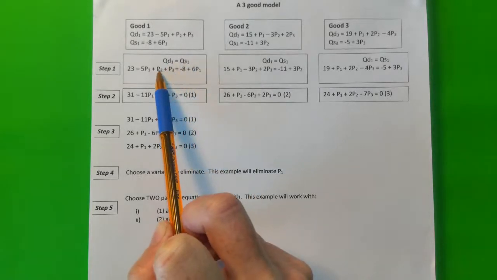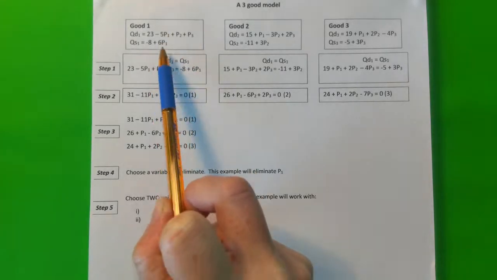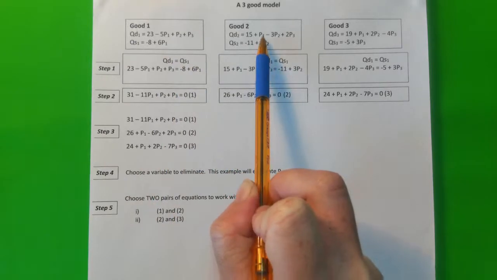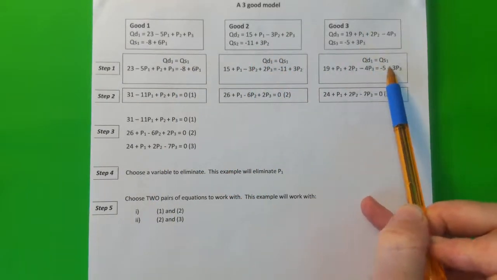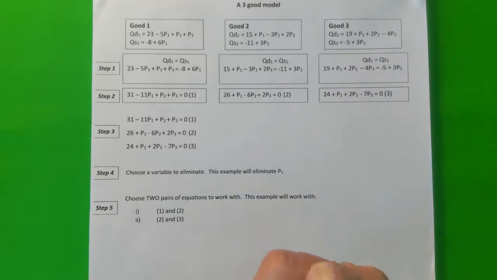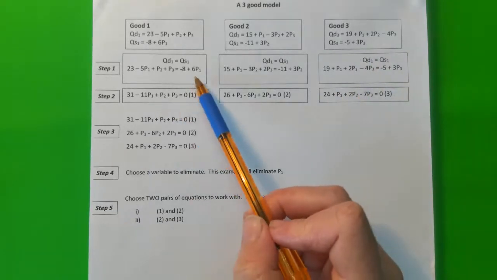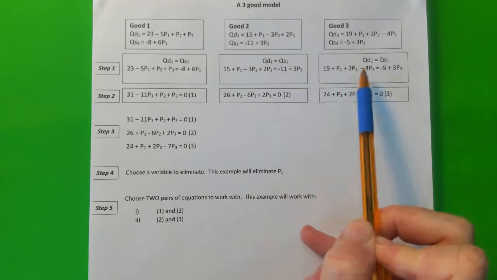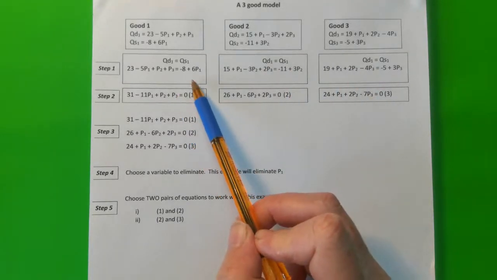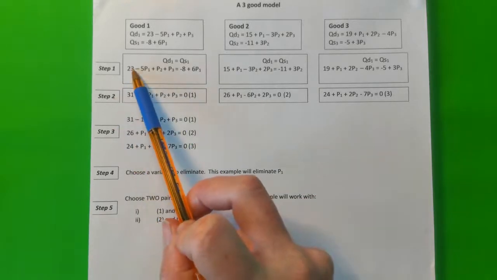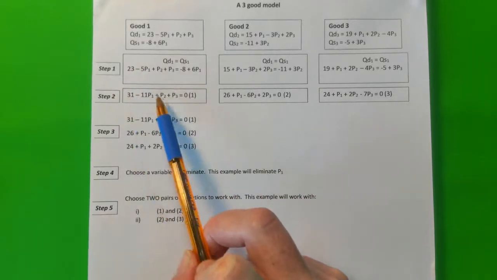So we've got quantity demanded equal to quantity supplied, and that is in each market. We do the same. And once we have set these equal to each other, we then want to set these equations equal to 0 so that we have all our terms on the left-hand side. So that is what we see going from step 1 to step 2.